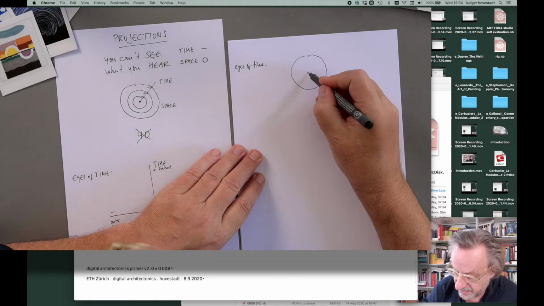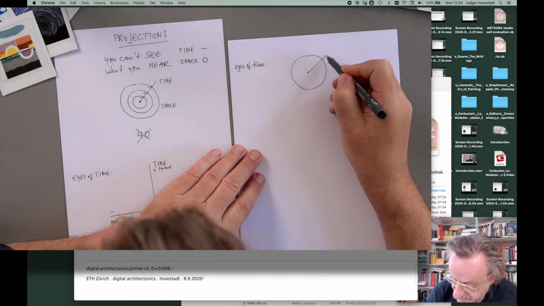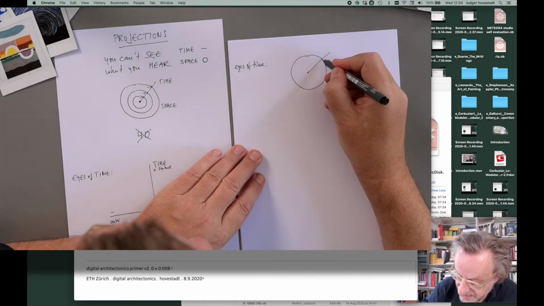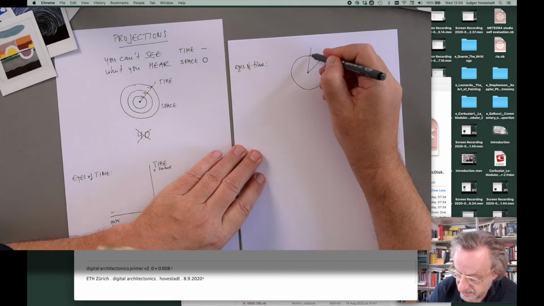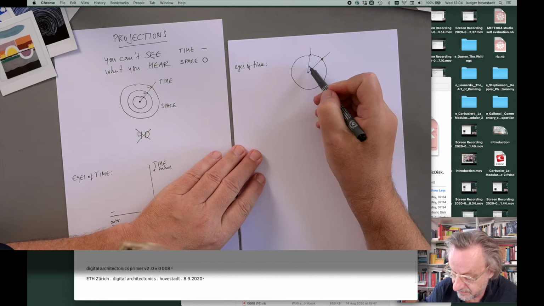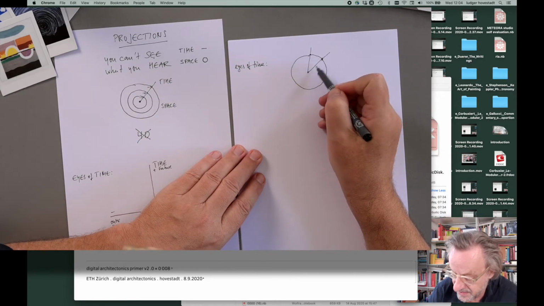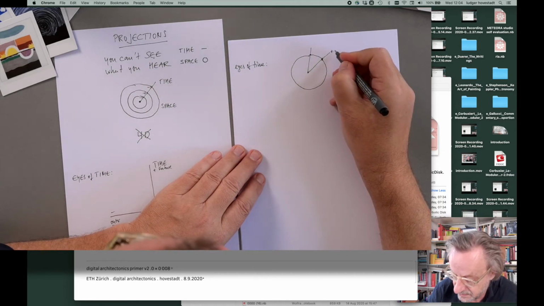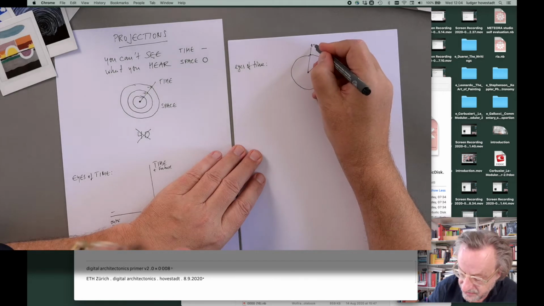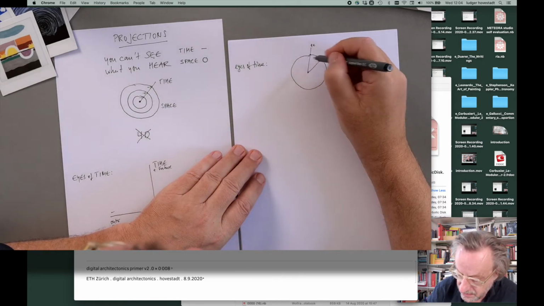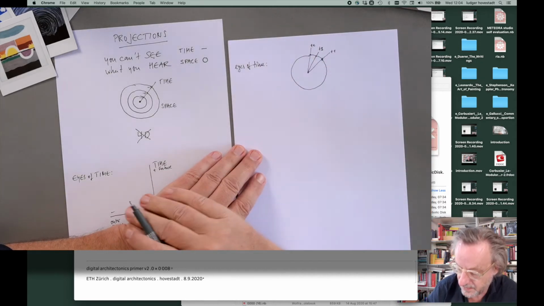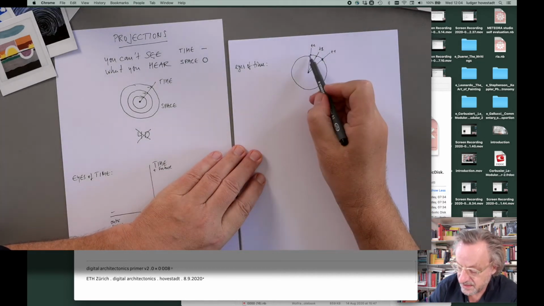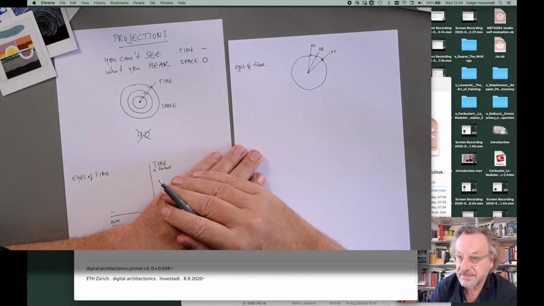So then we are looking in a certain direction and we see a certain point. We go to another direction, we see another point in another point of time. So this is T1, this is T2. And this, for example, is T3. And the interesting thing is, these are discrete points.